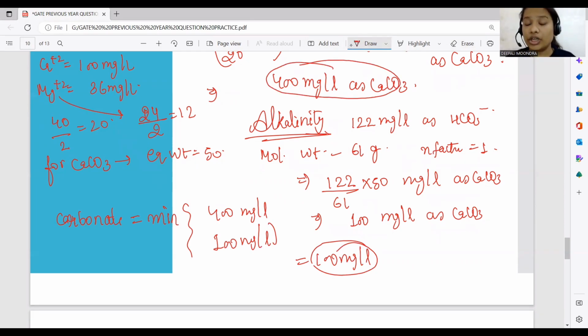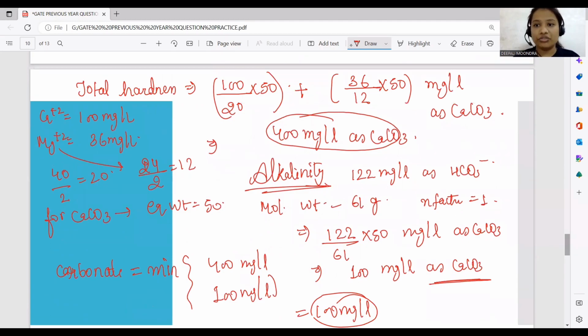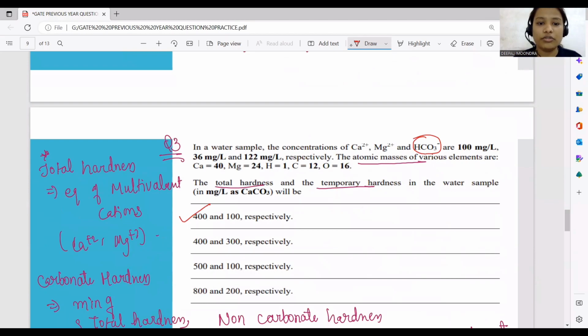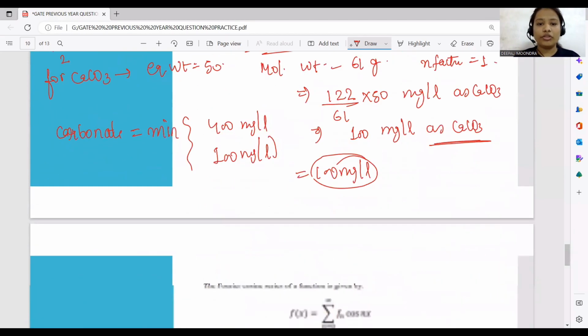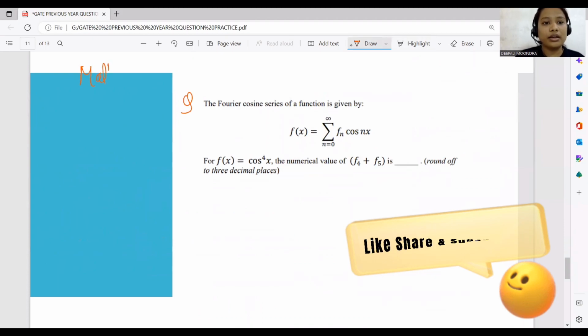Now, very important here is that both are calculated in the form of mg per liter as CaCO3 because it helps in comparing both the quantities. So you can take a screenshot of this very important solution, and hence the answer will be 400 and 100, option A.